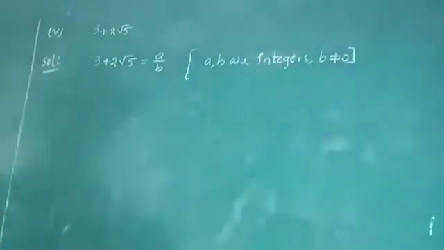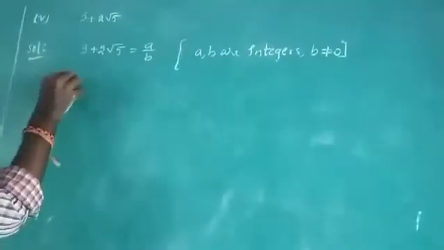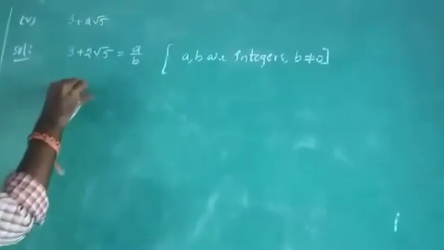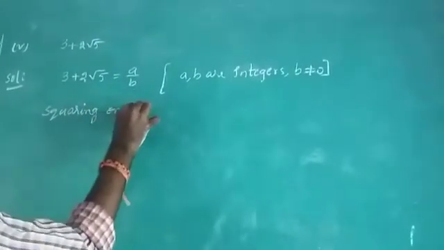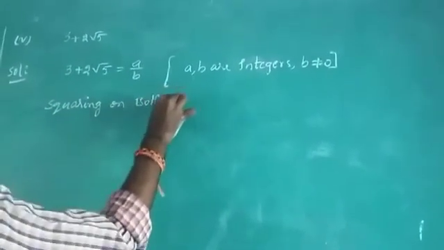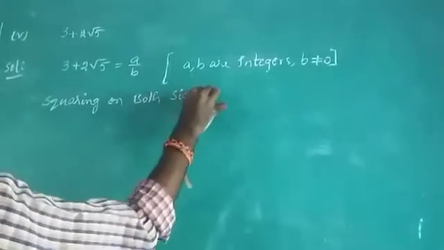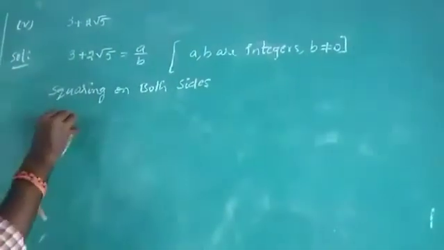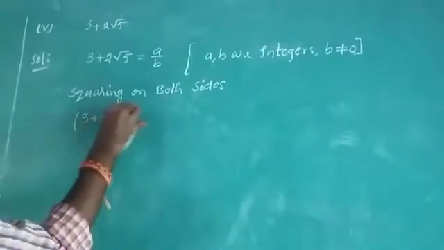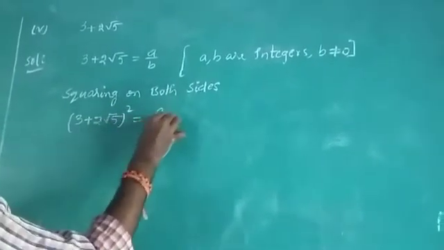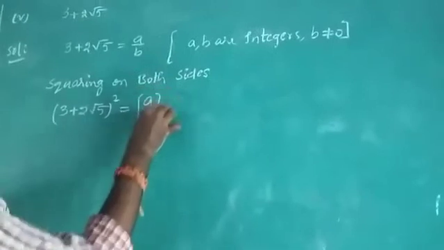Again it will make you confused. That's why better to go for squaring on both sides. So what do you write? 3 plus 2 root 5 whole square is equal to a by b whole square.